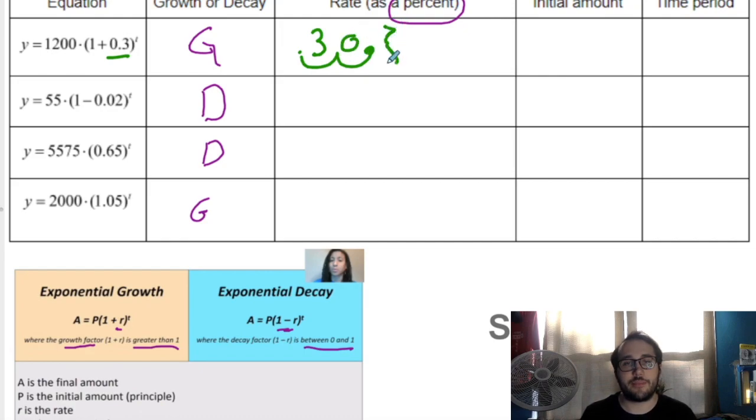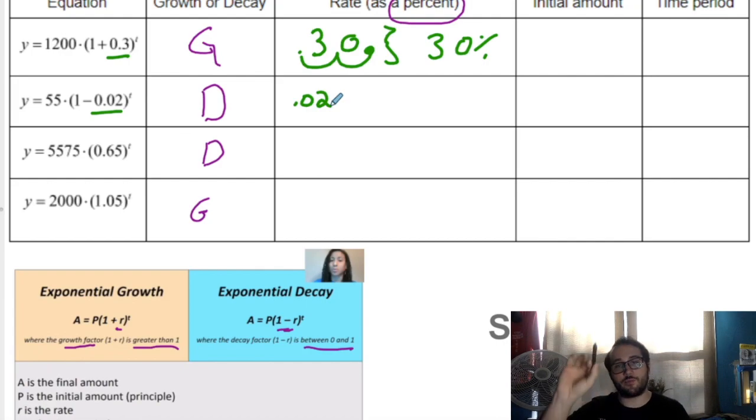So this is the same thing as saying 30%. Let's do the next one. So you can identify that the rate is 0.02. Again, if we want to make that percent, we move that decimal place over twice to the right. All right, so we got 2%.